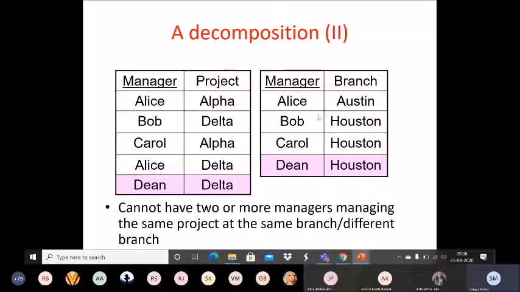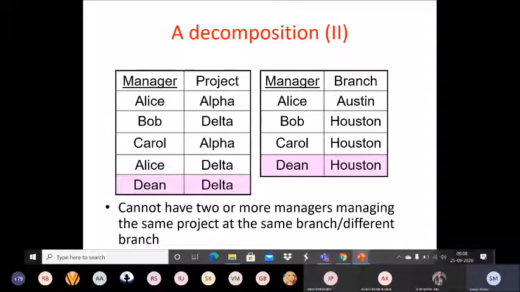This thing we can't make here. So when you want to make a table in BCNF and you decompose the table, you may face this type of problem.